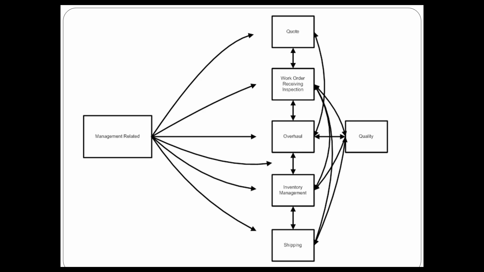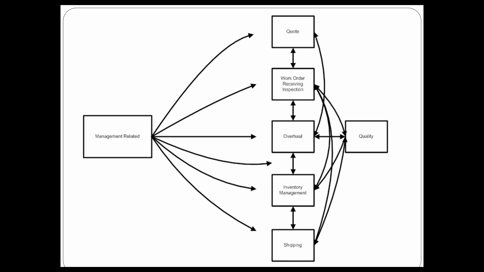Here's an interesting model. What I like about this one is you'll note the very unique process names that are called out here. We have inventory management as a standalone process. We have quoting as a standalone process. We have shipping, again, as a standalone process.